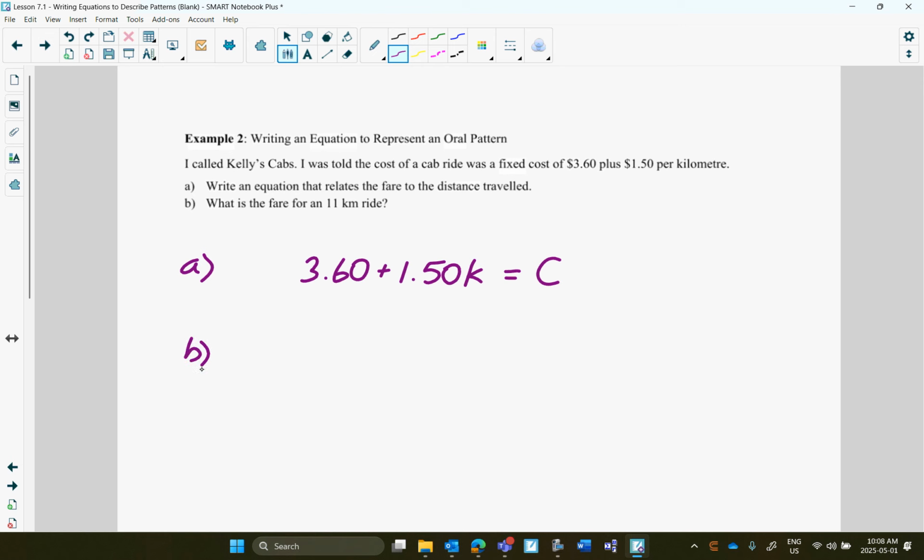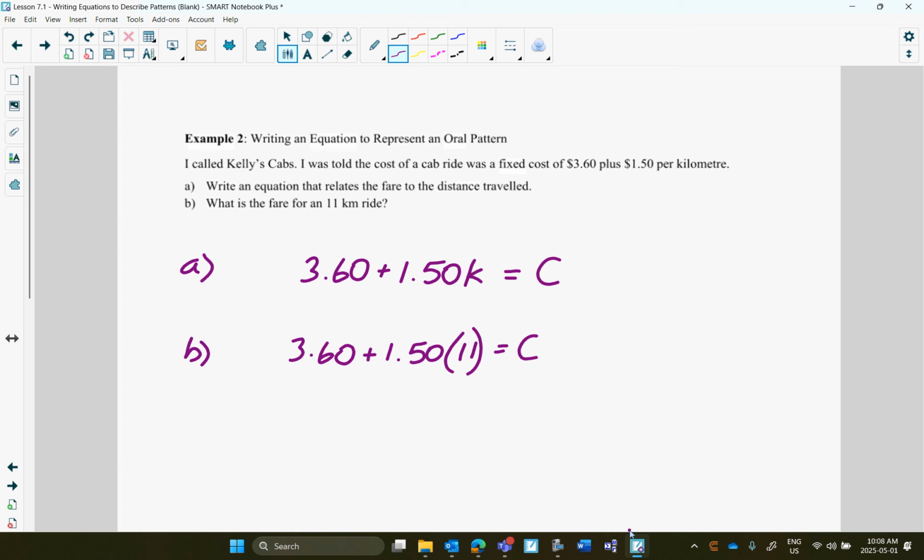And now you're asked to use this to answer part B. Well, you're told 11 kilometers, so you plug in 11 here and calculate. So $3.60 plus 1.50 times 11 is going to get me my cost of the cab ride.